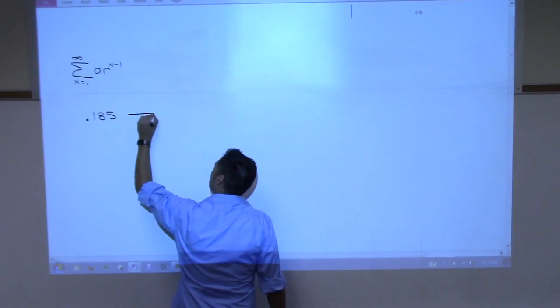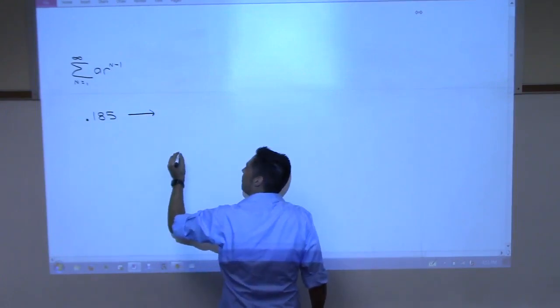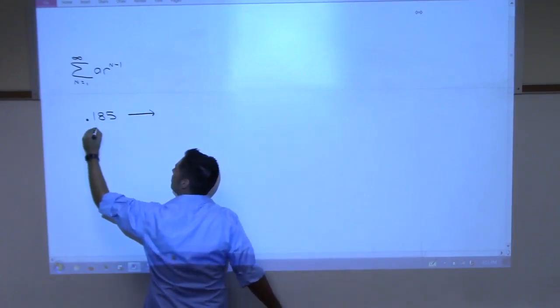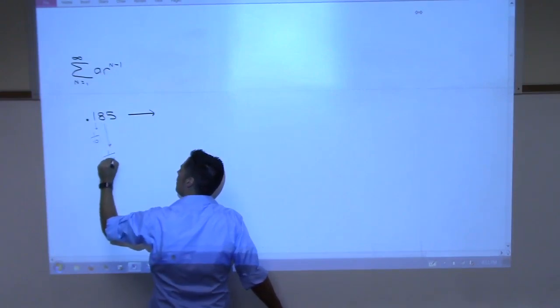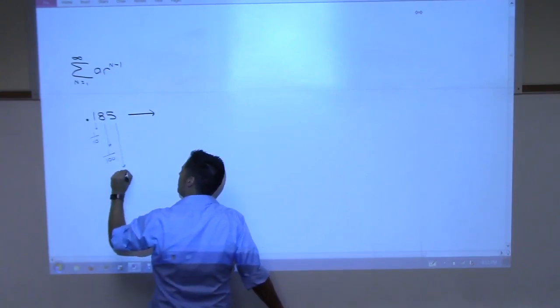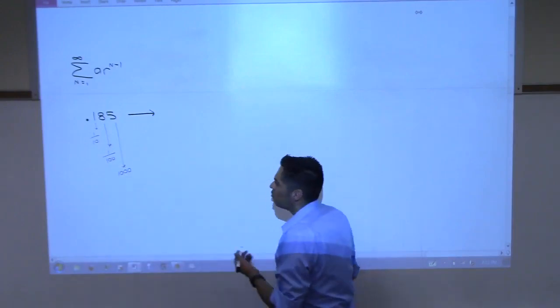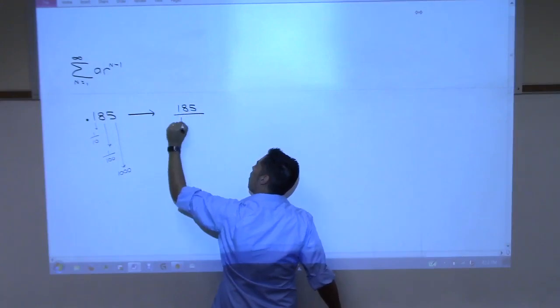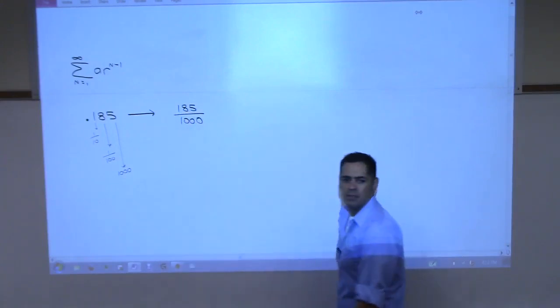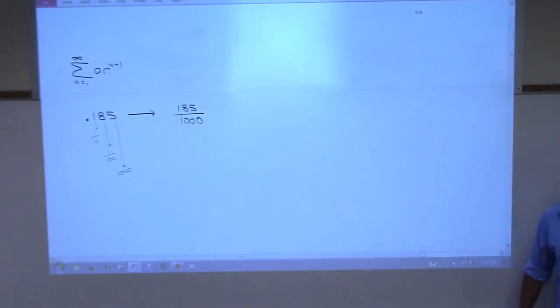But how do you do it for real, like without? You count what place this is. This is tenths. This is hundredths, right? This is your thousandth place. And so really this is saying 185 1,000ths. That's what that is. And if you get on your calculator and type that in, you're going to get 0.185, right?